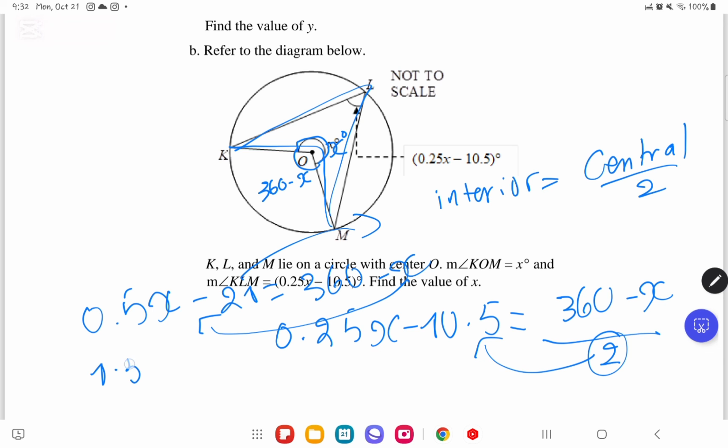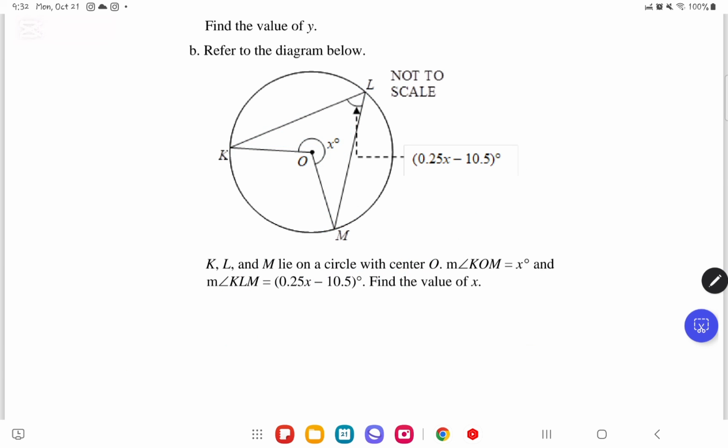Now you will get 1.5x is equal to 360 plus 21. I will do it on the calculator to be fast. 381. Now 381 divided by 1.5, we will get that x is 254. So this is done.